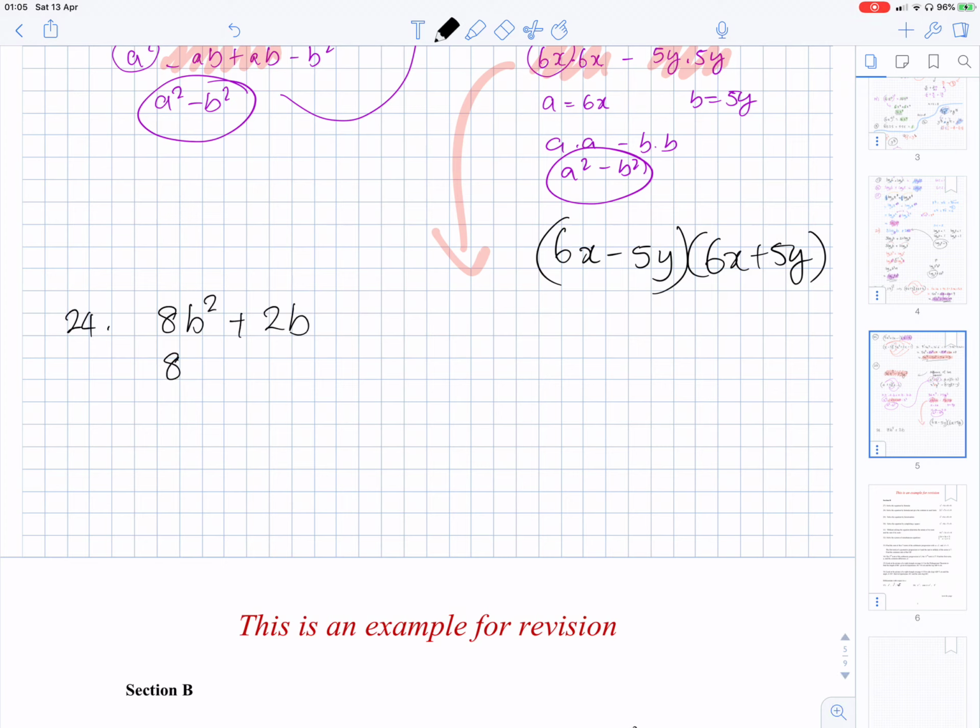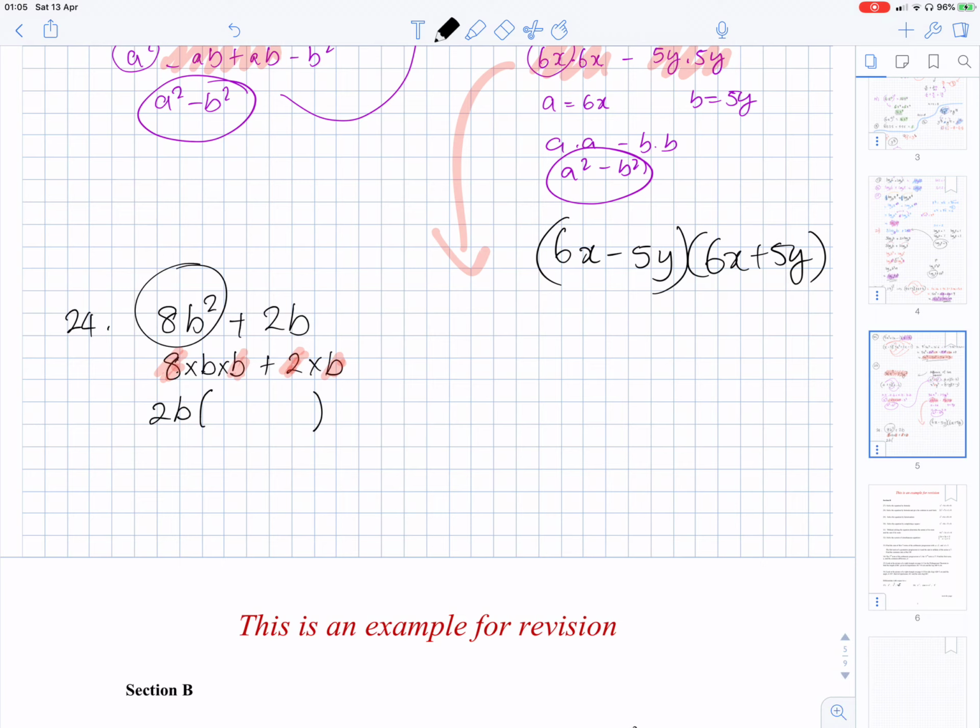You do 8 times b times b, because that's the same as 8b squared, plus 2 times b. Okay, so what's common? The 2 is common here and there, because it can go into 2 and it can go into 8. The b is common here and there, so I'm taking 2b out, and then I make a bracket.